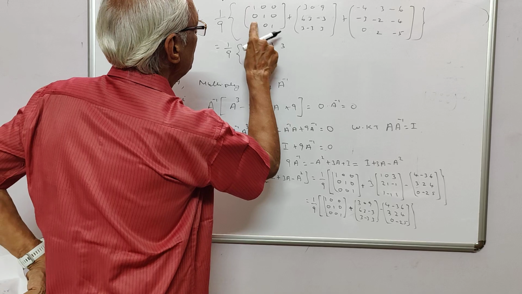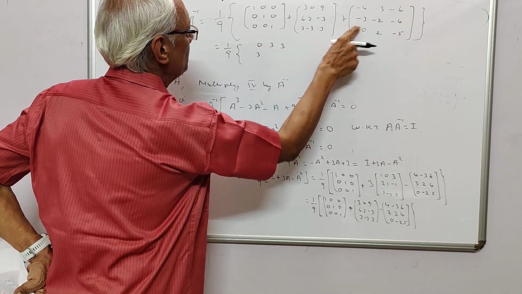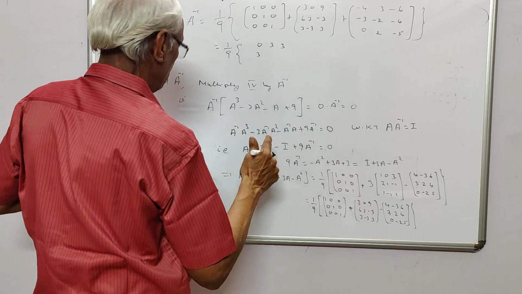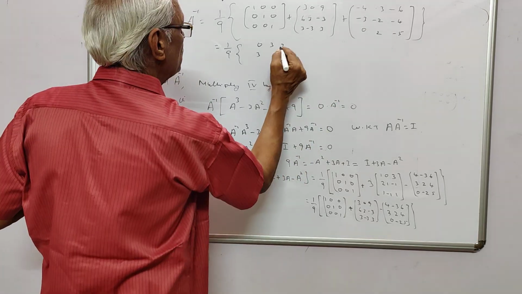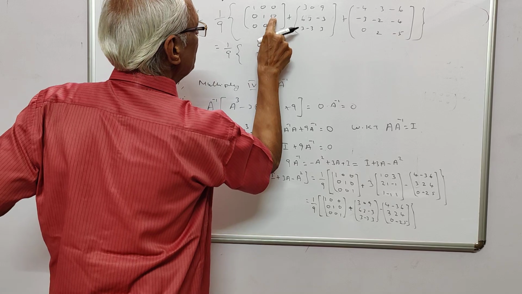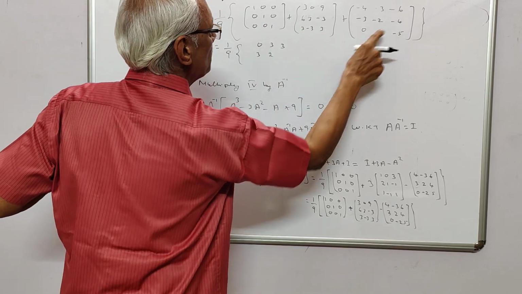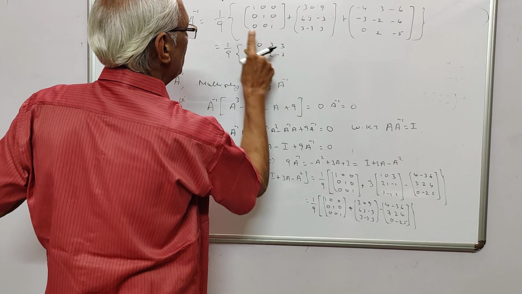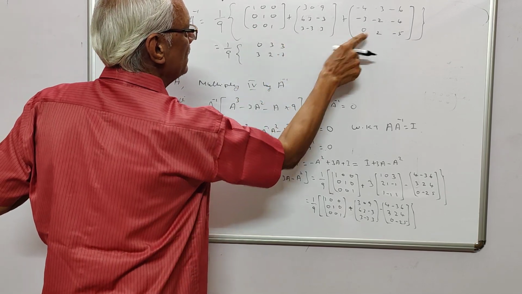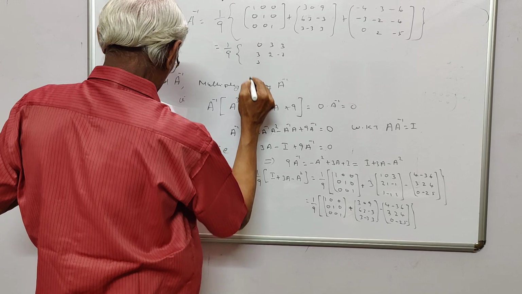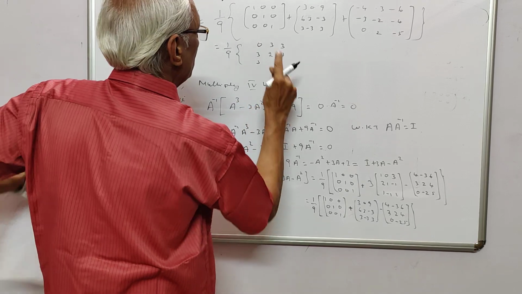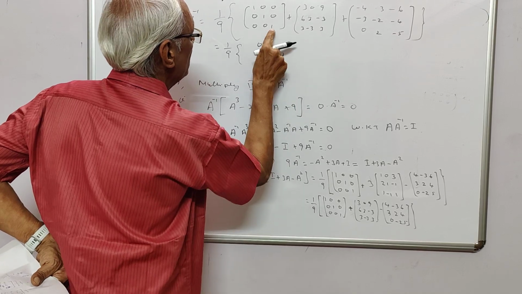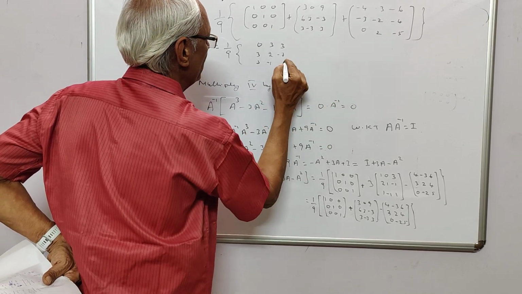So you see that it is 0, 6, 6 minus 3 is 3, 1 plus 3, 4, 4 minus 2 is 2, 4 minus 2 is 2, then it is 0, minus 3, it is minus 4 is minus 7, then 0 plus 3 is 3, 3 plus 0 is 3, then it is 0, it is minus 3 plus 2 is minus 1, 1 plus 3, 4, it is minus 1.